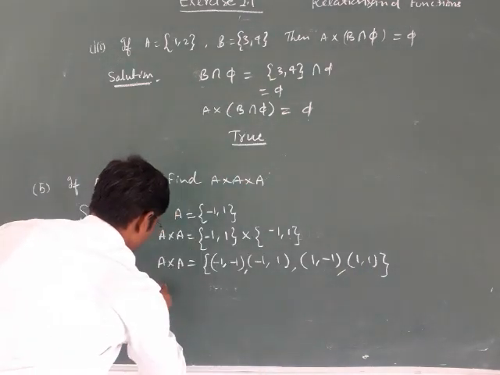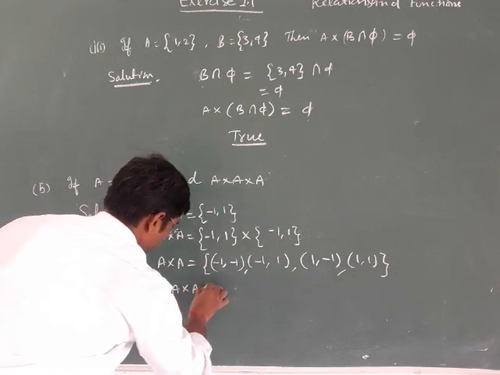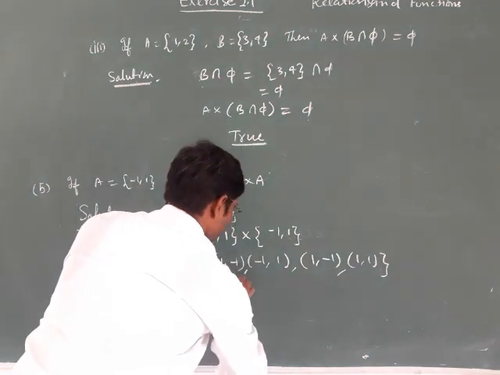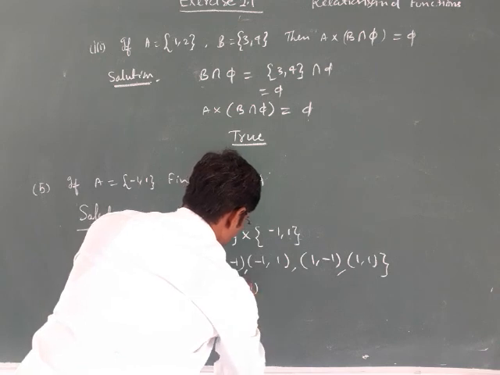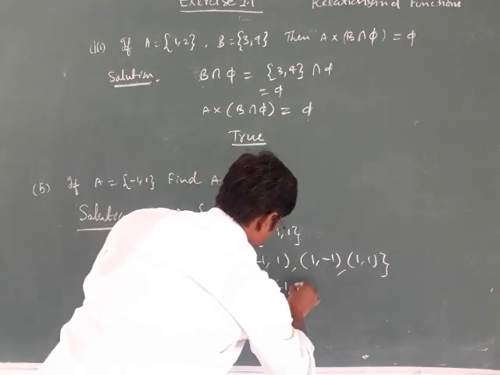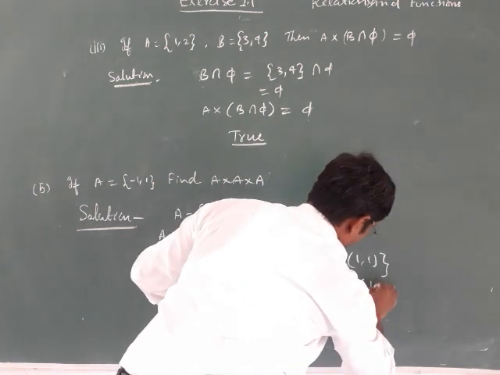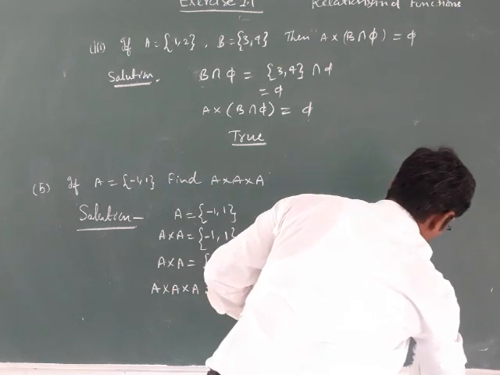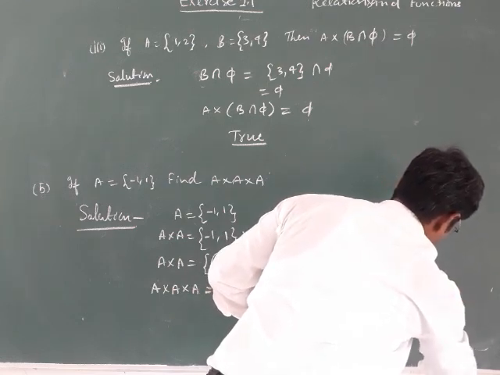Also A cross A cross A is equal to: now write down {-1, 1} cross {-1, 1} cross {-1, 1}.